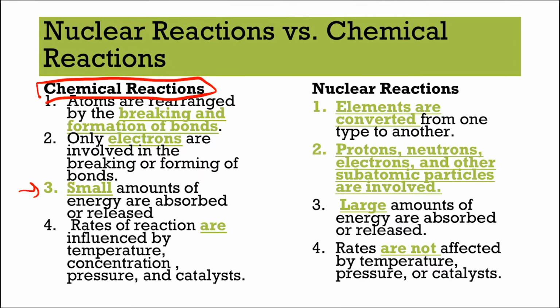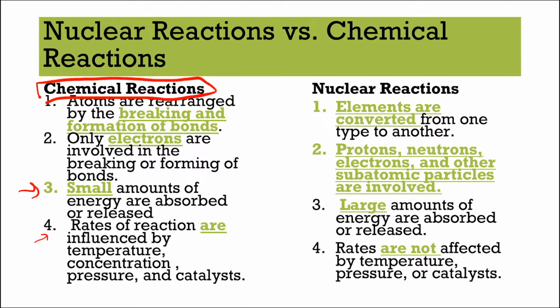Looking at number 3, some of these reactions, if you're forming these bonds, release small amounts of energy. And when we talked about rates of reaction, we can speed up chemical reactions by heating it, adding concentrations, temperature, all these different types of things.